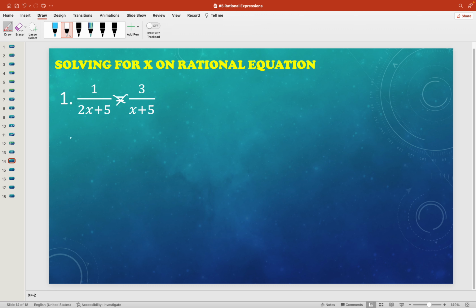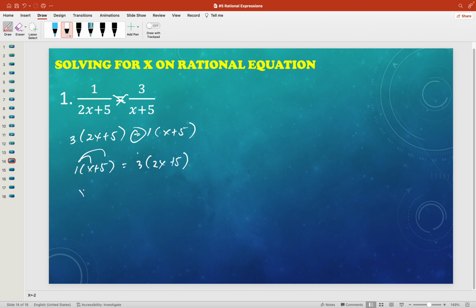So let us have first 3 times 2x plus 5 is equal to 1 times x plus 5. It doesn't matter which comes first, since we have an equality sign. So 1 times x plus 5 is equal to 3 times 2x plus 5. Then just distribute.